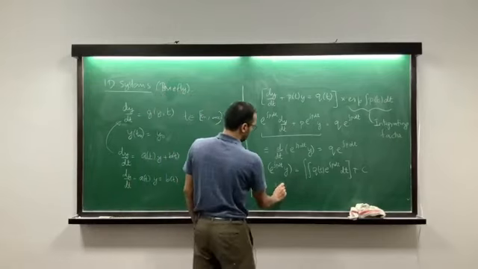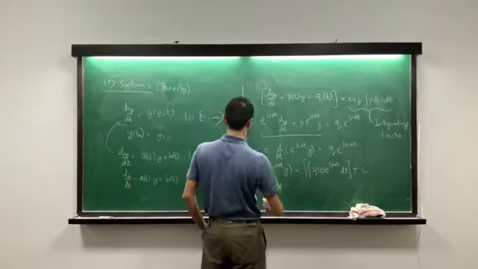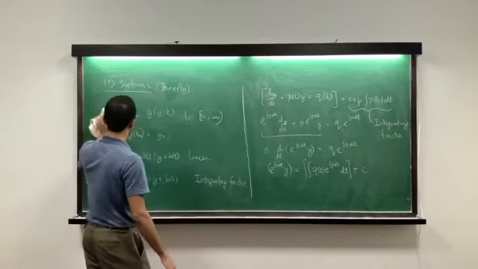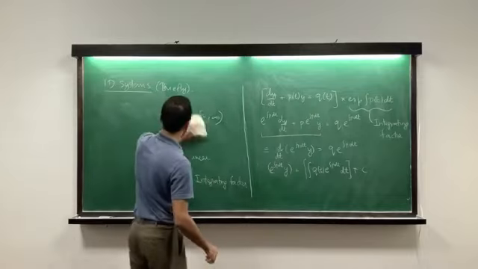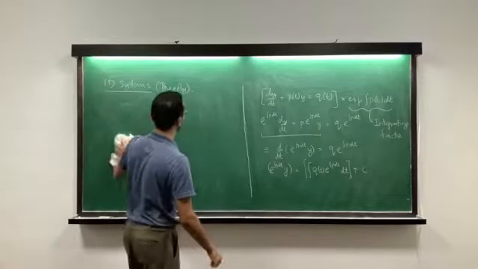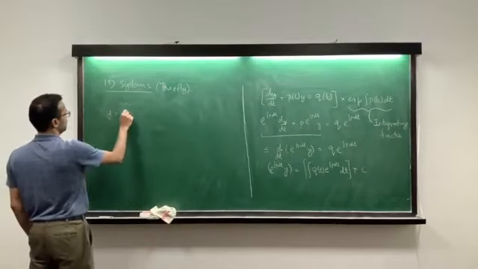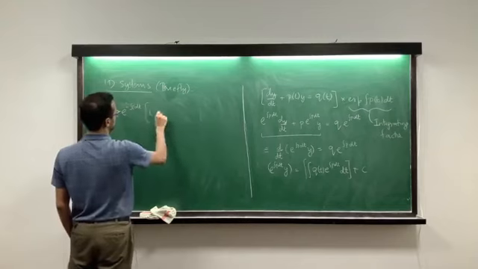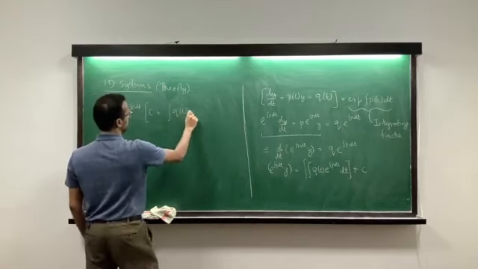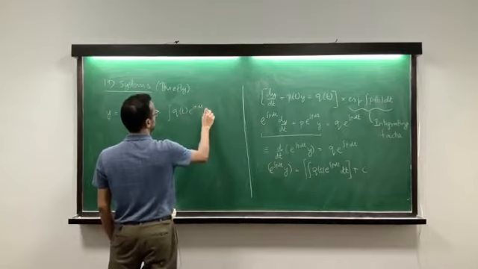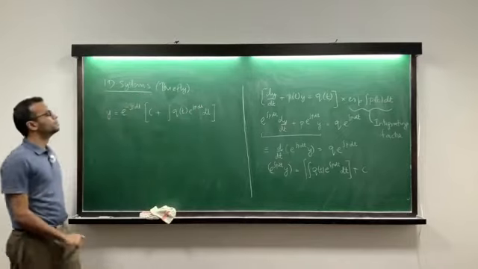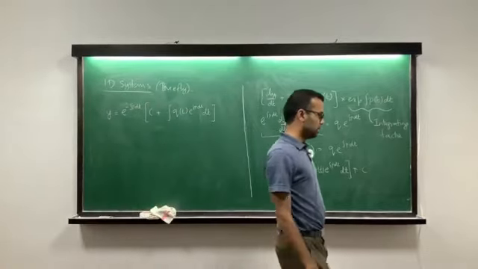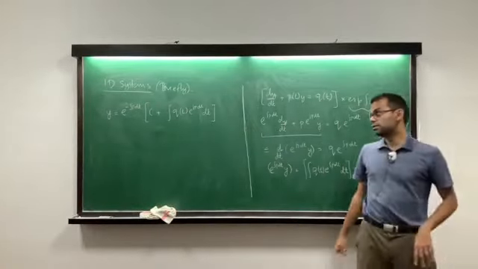So, then I can write down the solution over here. The solution will just be y equals e to the power minus integral p dt times c plus integral q of t e to the power integral p dt dt. Okay, so you have two terms, and this is what it looks like.